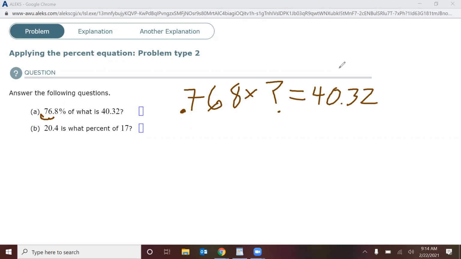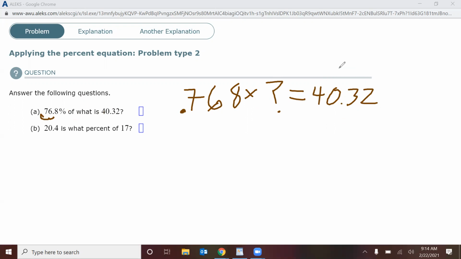So everything in the sentence was translated. I see where this number ends up there. I see that the of becomes multiplication. I see that what becomes the variable I'm trying to solve for, the question mark, is yields the equal sign. And the easiest part, 40.32 translates directly.